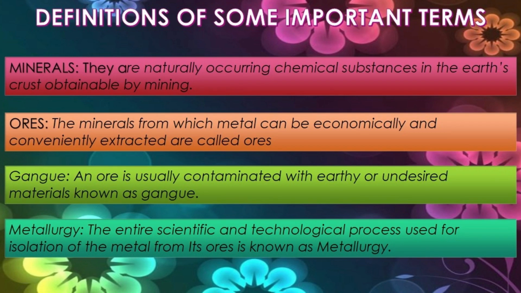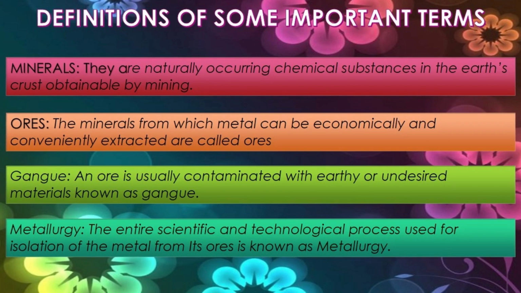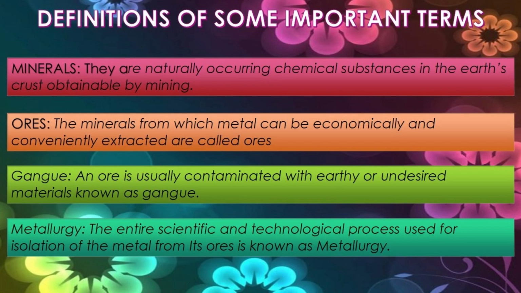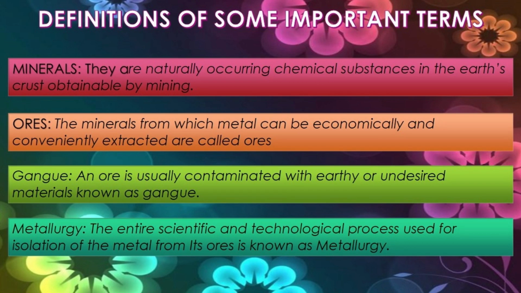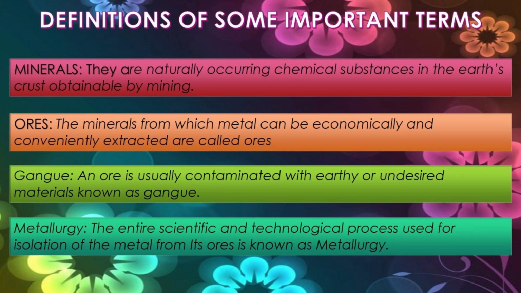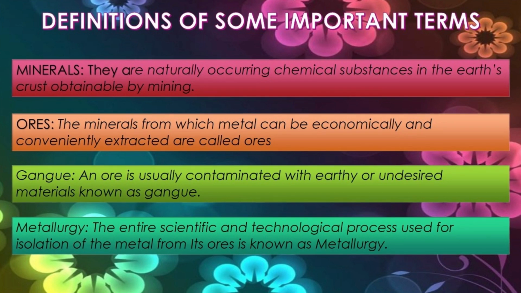Second term is ores. The minerals from which metal can be economically and conveniently extracted are called ores. We saw that though we have around 800 minerals of iron, only from a few minerals can iron be profitably extracted. So those minerals from which metal can be profitably extracted are called ores.